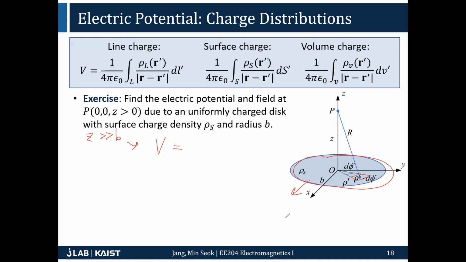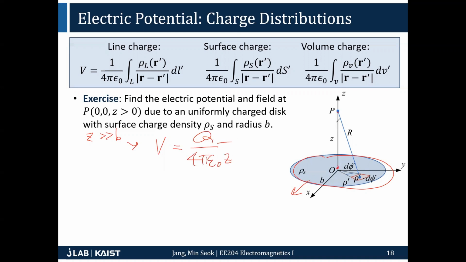This disk would look like a point charge, right? Exactly. So we can apply the equation for the point charge, Q divided by 4 pi epsilon naught z, where z is the distance from the point charge.